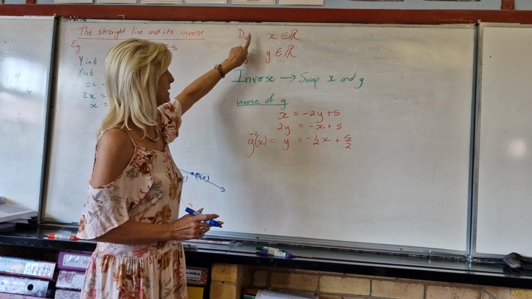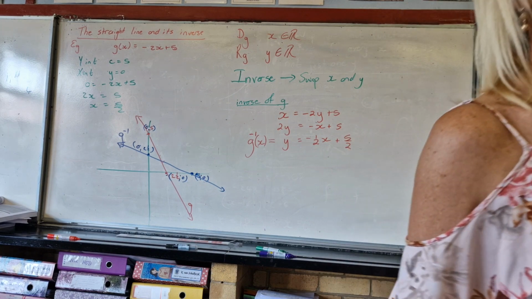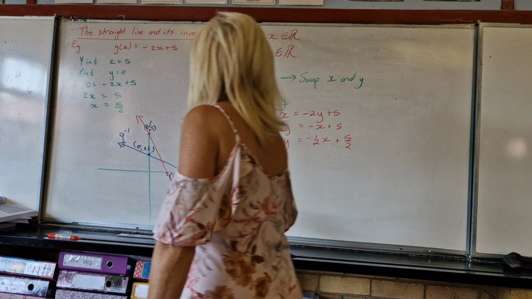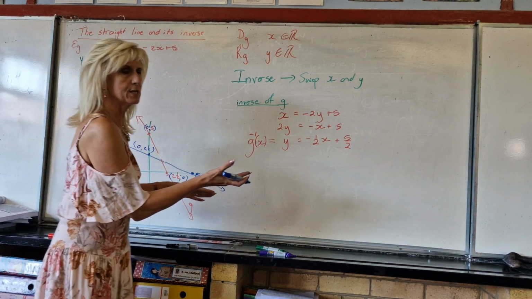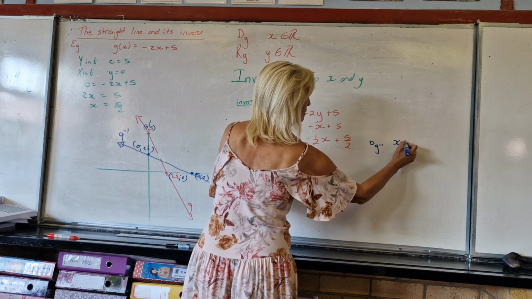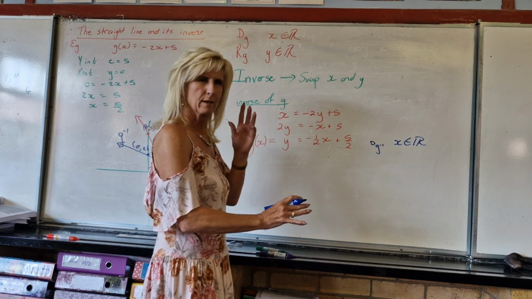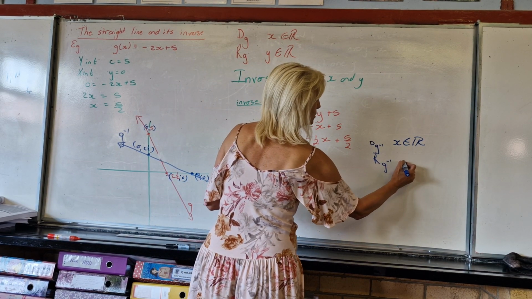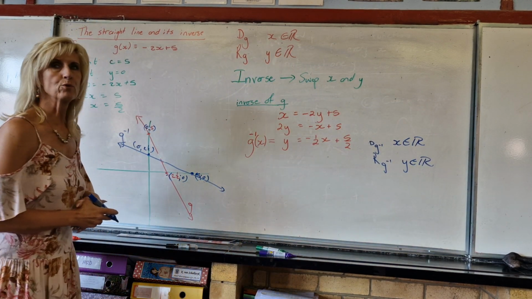But actually what's happening is the range becomes y is an element of R. So we have all the x's and y's swapping around. Even for this one, the domain of g minus 1 will still be, but it's actually the other one's x's and the other one's y's. But it's not going to make a difference here. The domain and the range of g minus 1 will stay what it was, basically.